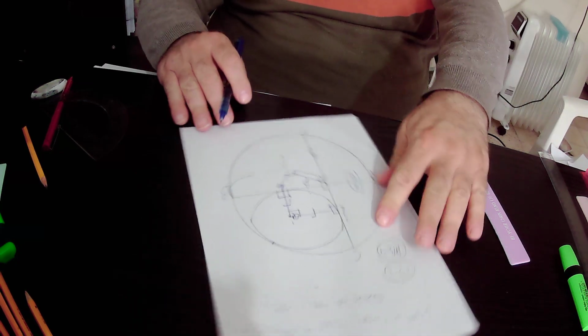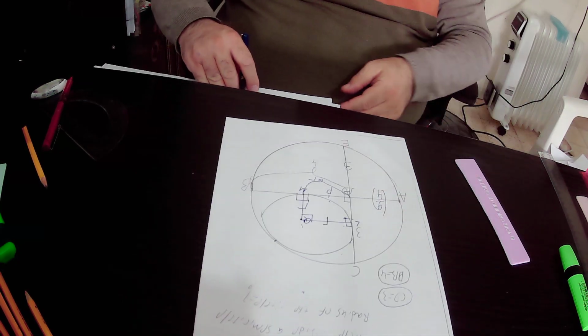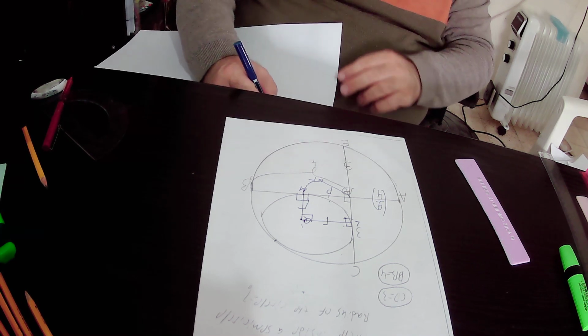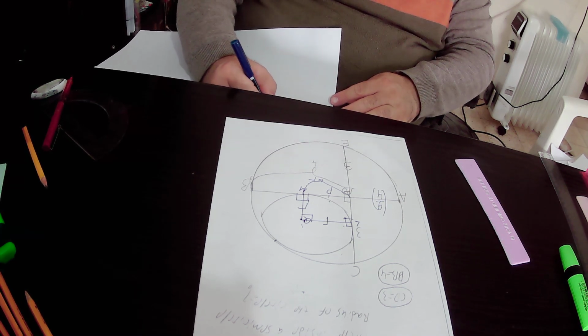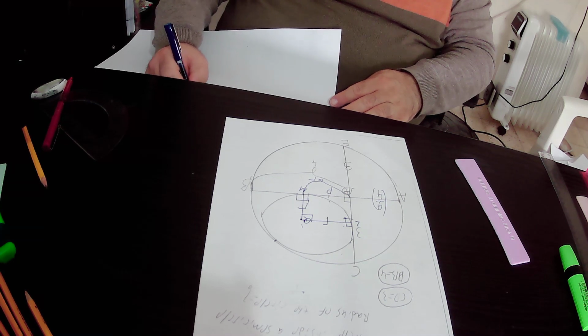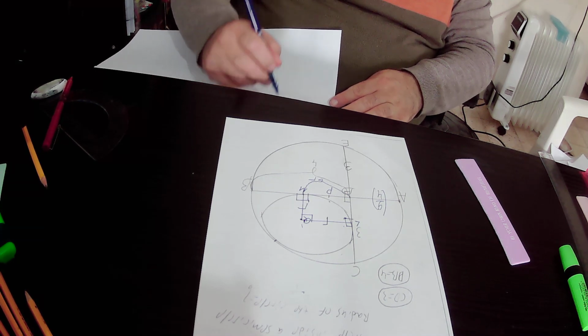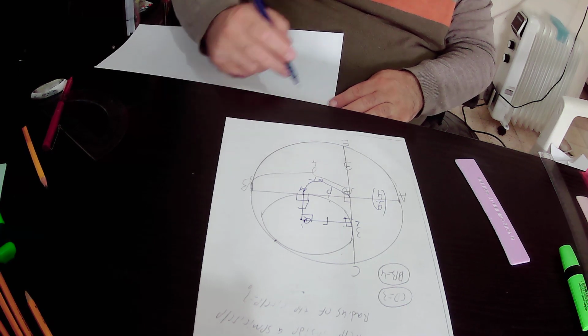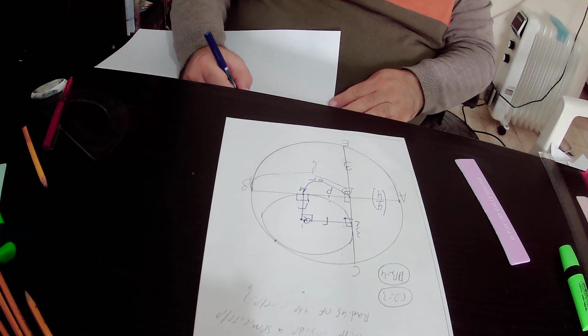From the drawing, it is very easy to see that the length of line segment DP is equal to DB minus PB.